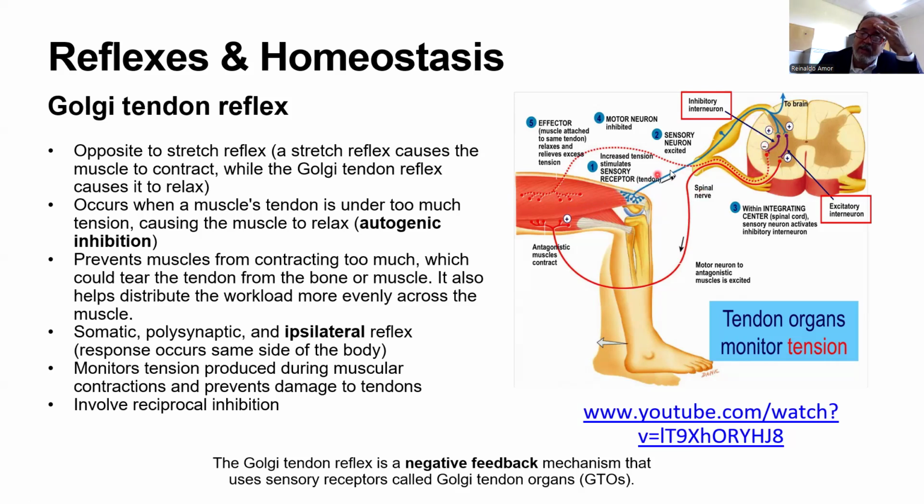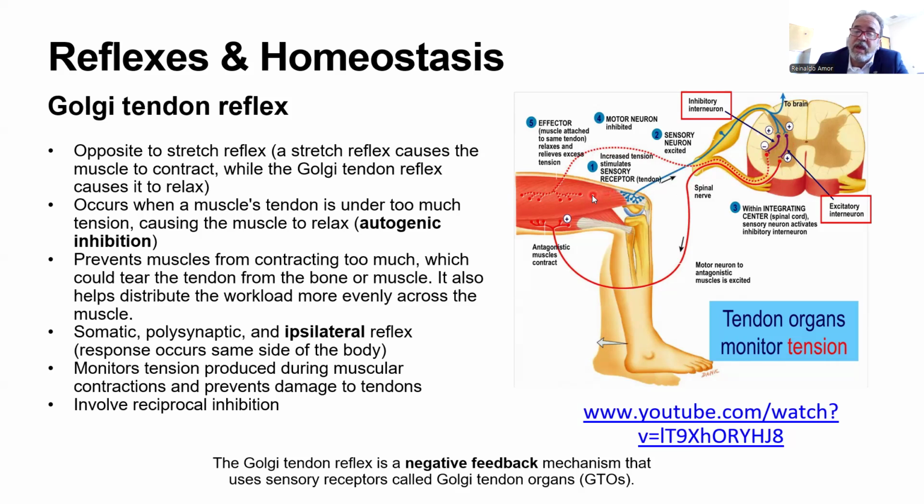Notice that the sensory neuron from the tendon is going to send this information to an interneuron. This is somatic information, and so we have one synapse here, and that interneuron is going to inhibit the extensor muscle, causing it to relax more.